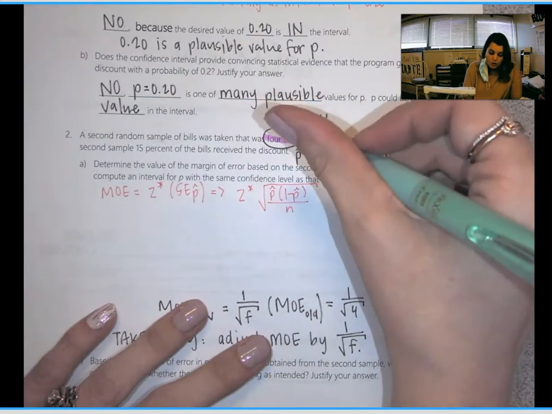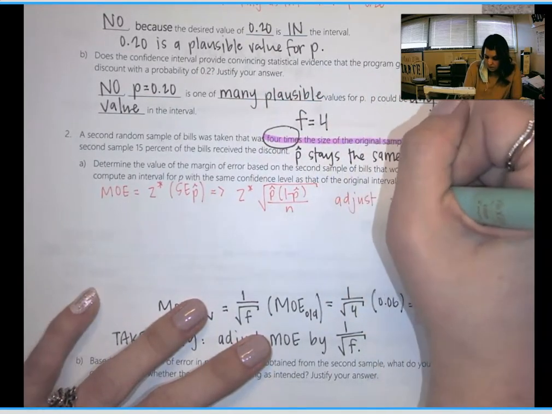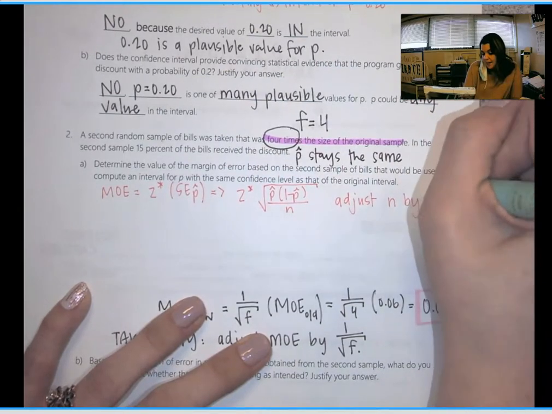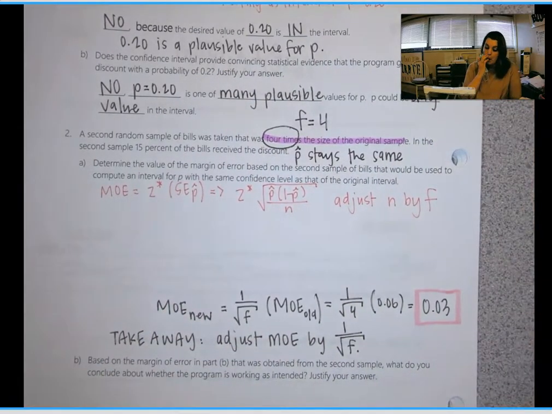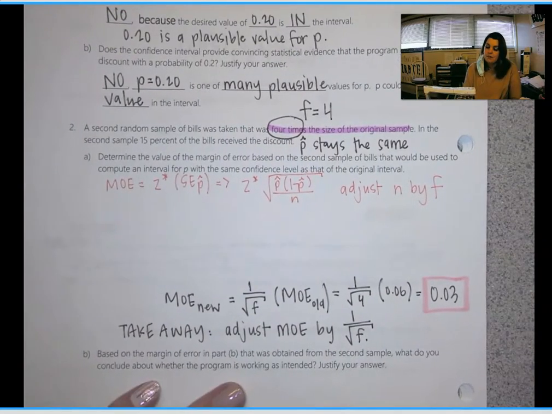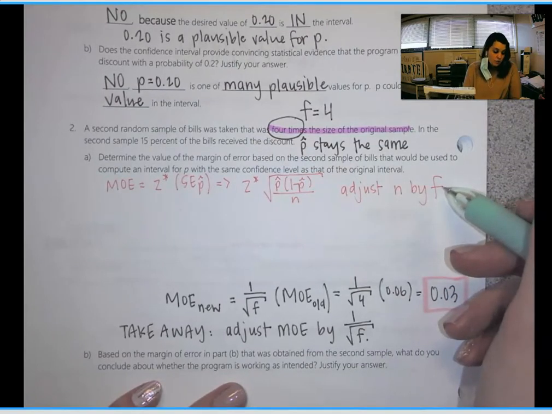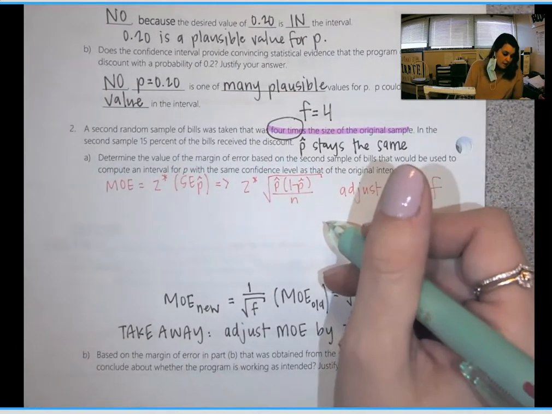But we want to adjust n by f. So we want to adjust n by a factor of 4.